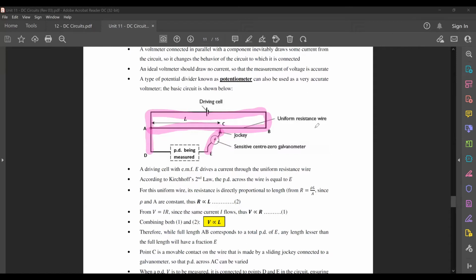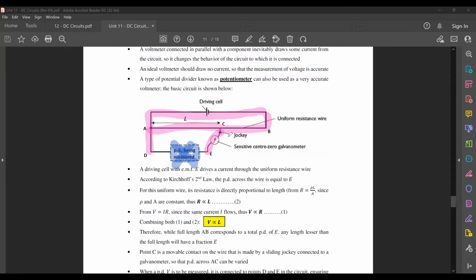The PD that you want to measure, the voltage of the component you want to measure, is this blue colored thing here. We don't bother about this one first. We bother about the potentiometer itself, which is the thing I've highlighted in pink.